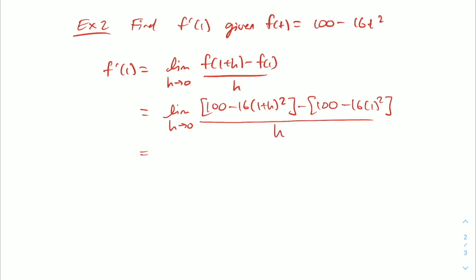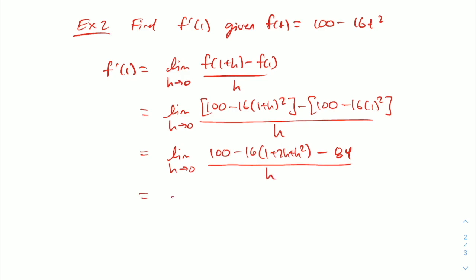If we put 1 plus h into our function, we'll get 100 minus 16 times 1 plus 2h plus h squared, expanding that binomial squared. Then we subtract 84. We've seen this in the calculations above: 100 minus 16 is 84. Continuing with the algebra, we have 100 minus 16 minus 32h minus 16h squared.